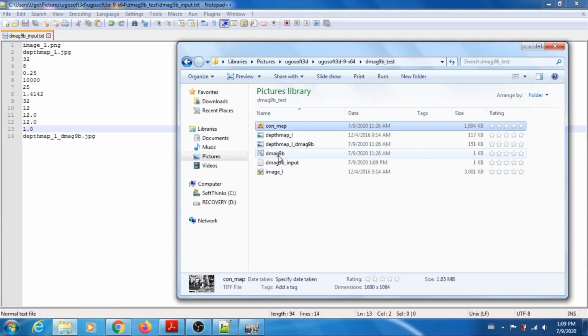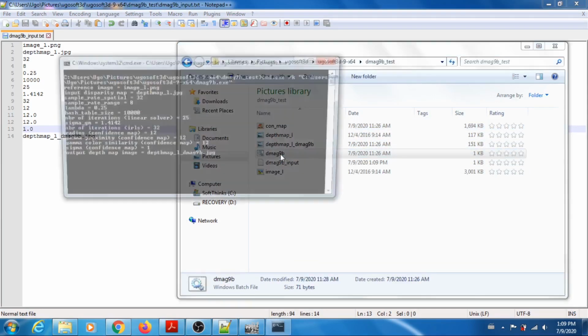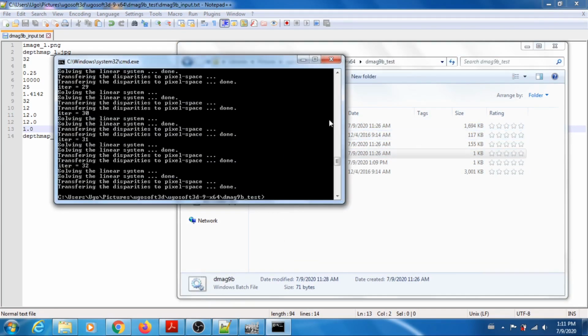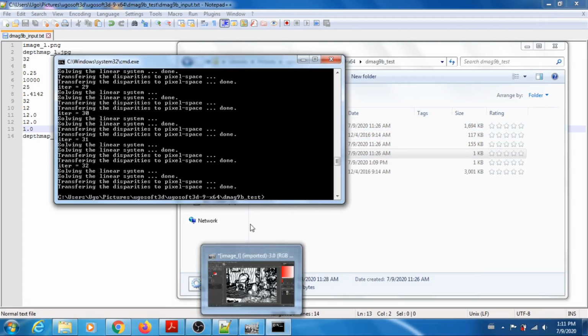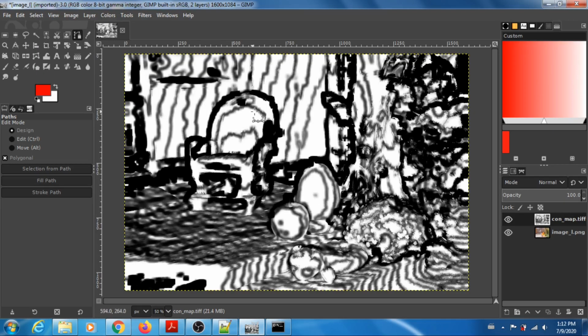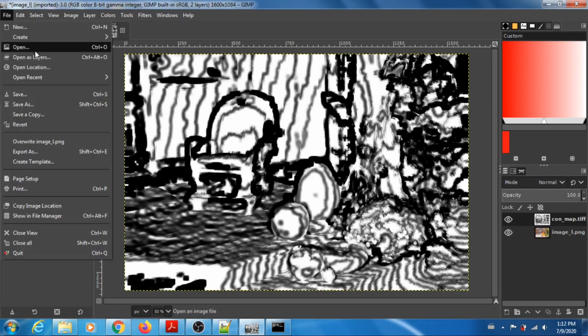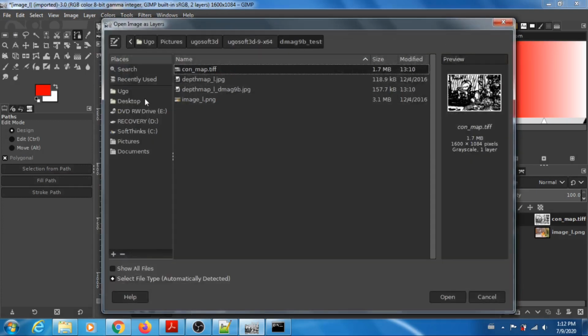Okay, so let's run again. Okay, so it's done. So let's see what that new confidence map looks like. Let's load it into the GIMP where we already have the old one. So should be that one.